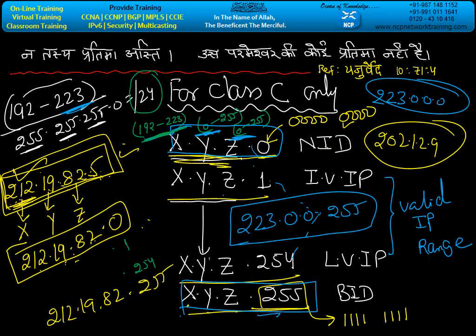If all host bits are not 0, the number is valid. If all host bits are not 1, the number is valid.